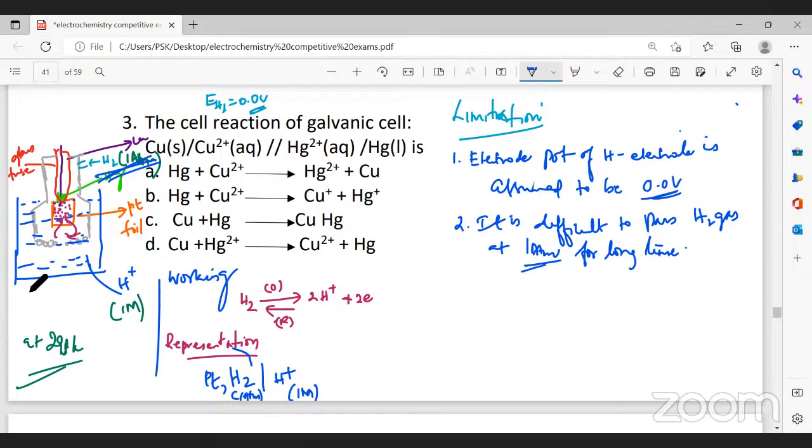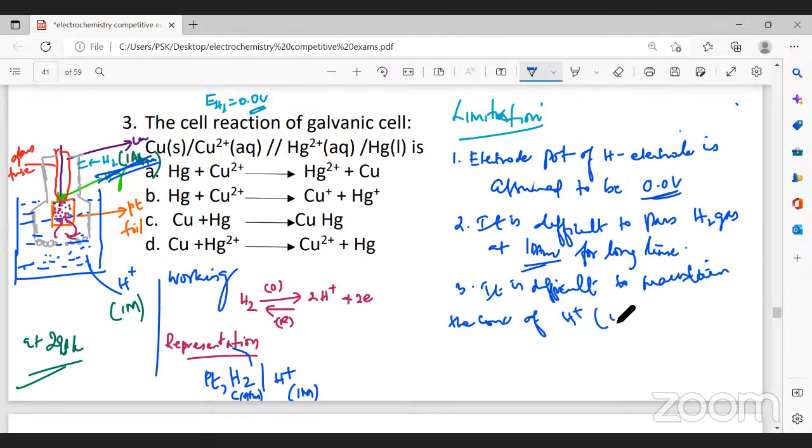Third point, I told you when hydrogen gas is passed, some of the hydrogen gas gets absorbed by platinum. Some of the hydrogen gas can dissolve in water, in the acid. When it dissolves in acid, it is difficult to maintain the concentration of acid at 1 molar.